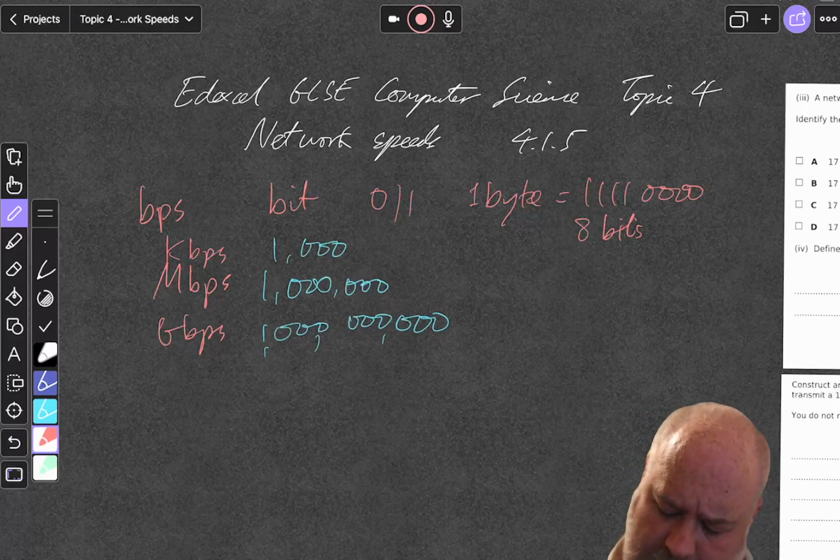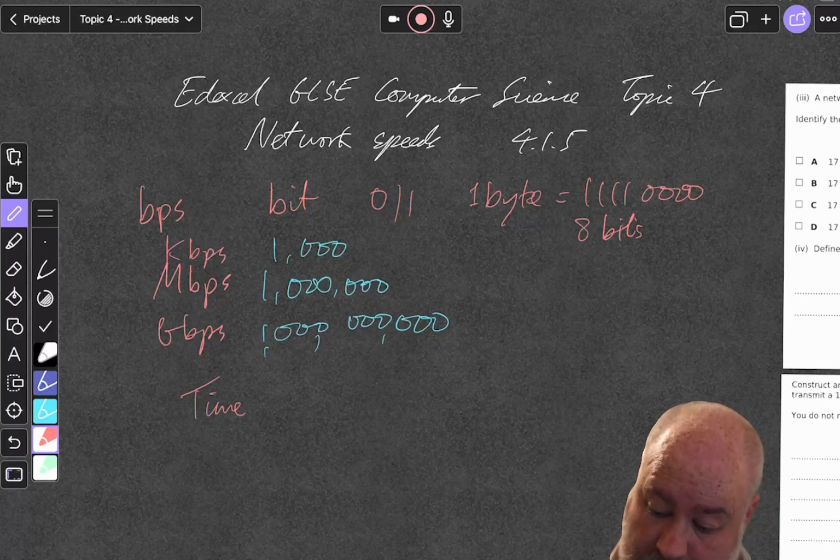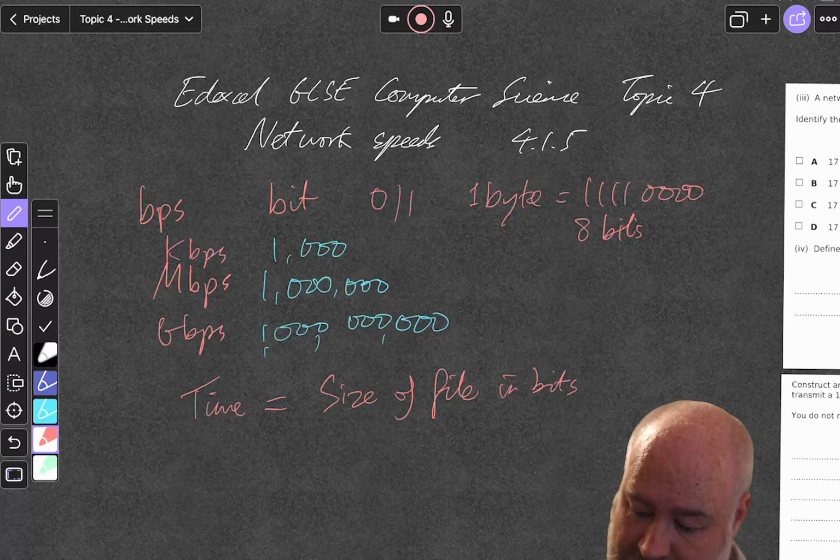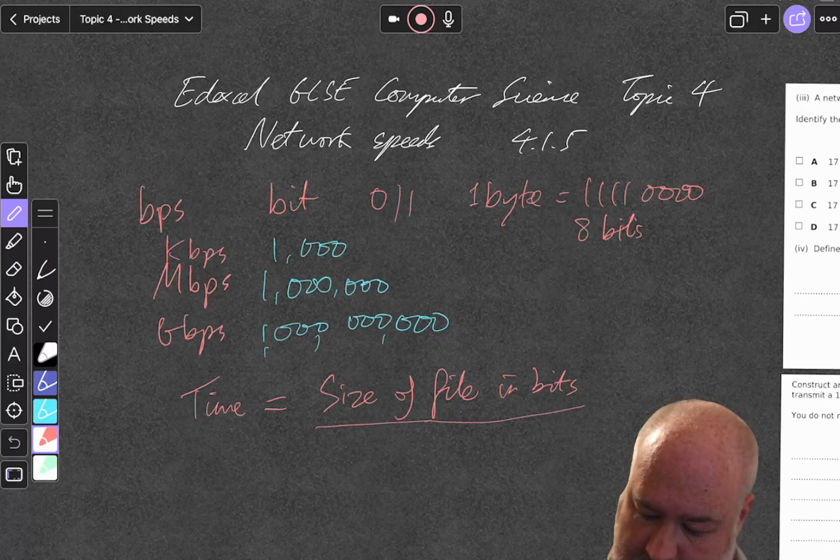And what we want to be doing is remembering this equation. So time equals size of file, let's say it's an MP3 file, in bits, not bytes, divided by the network speed.